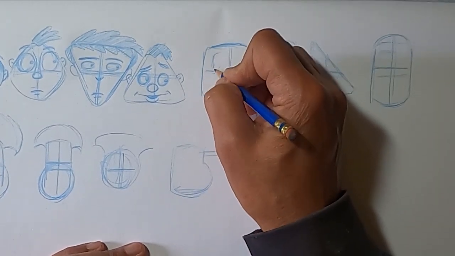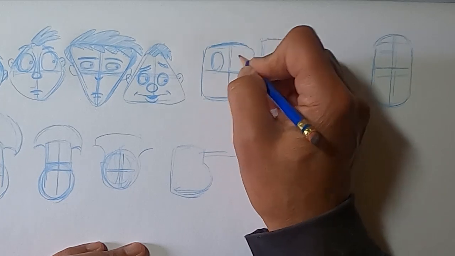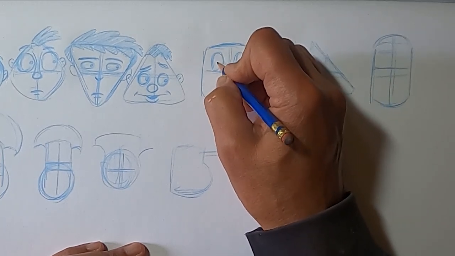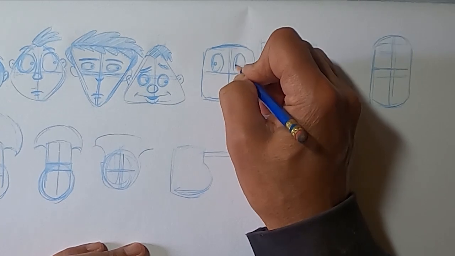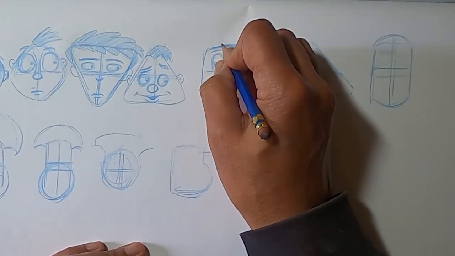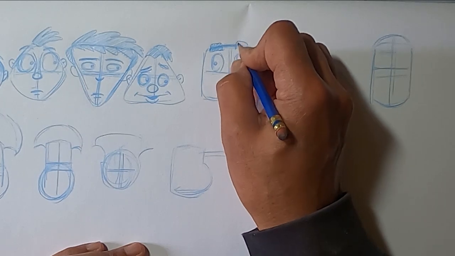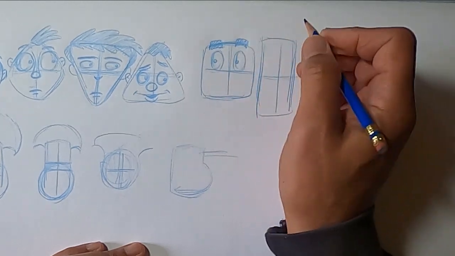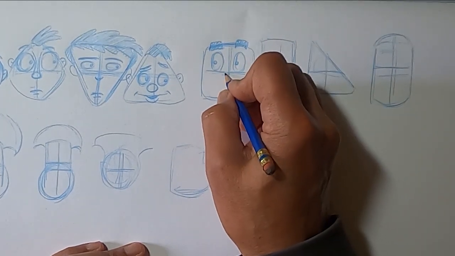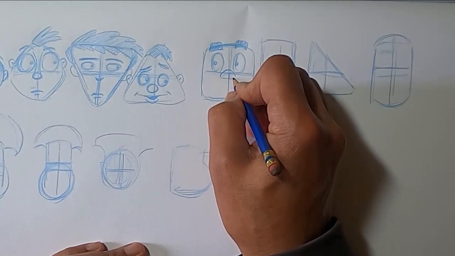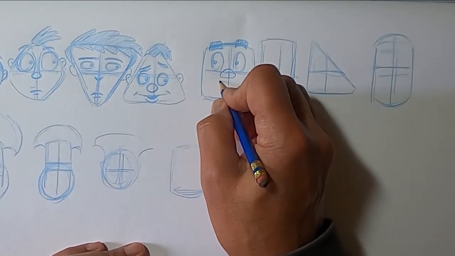Maybe he's got tall eyes. Kind of like this. And he's looking over here. Maybe his eyebrows go above his head. And maybe his nose is shaped like this.